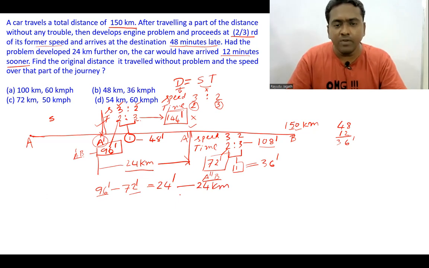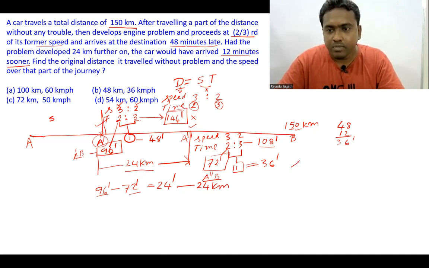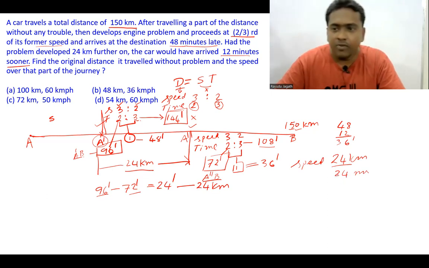So what is the speed of that car? The scheduled speed of the car will be 24 kilometers divided by 24 minutes. In other words, we can say 60 kilometers will be covered in 60 minutes.